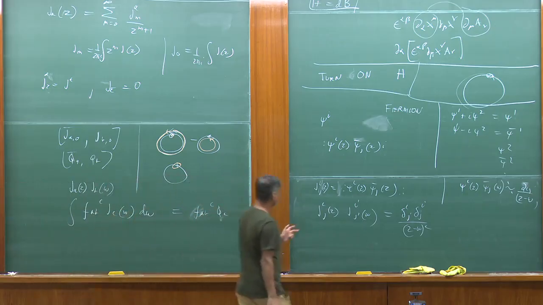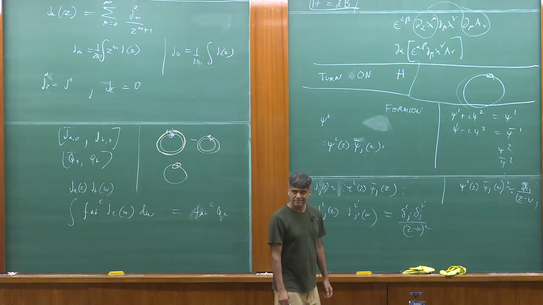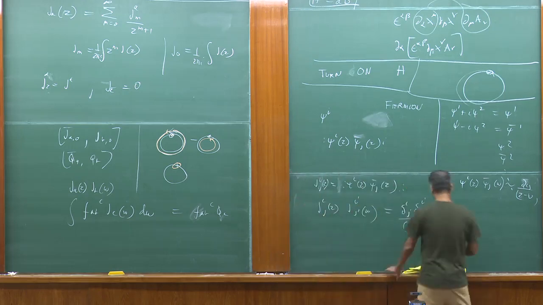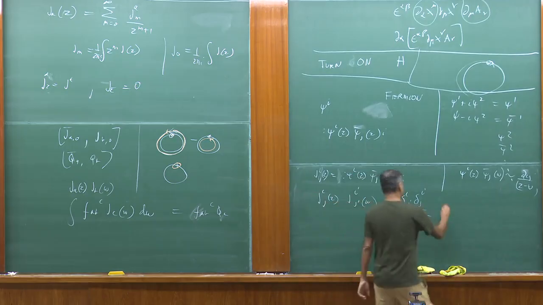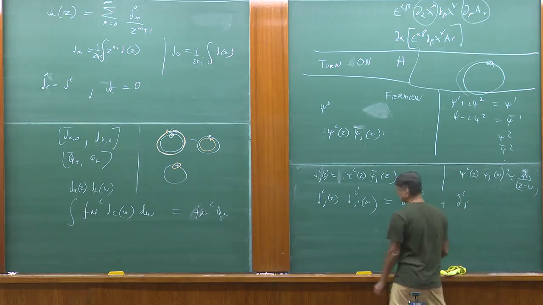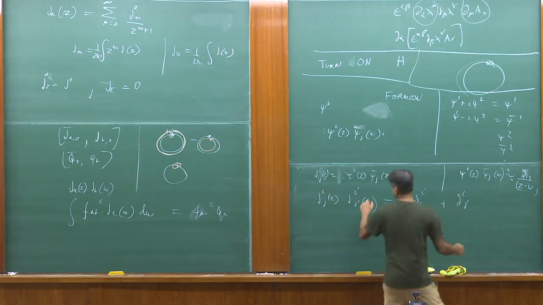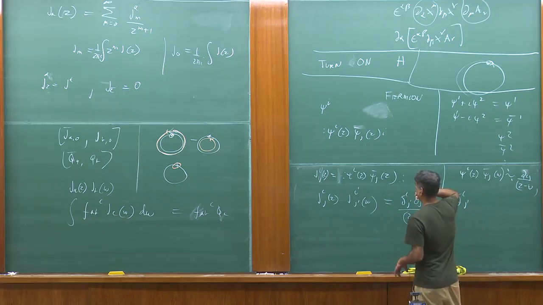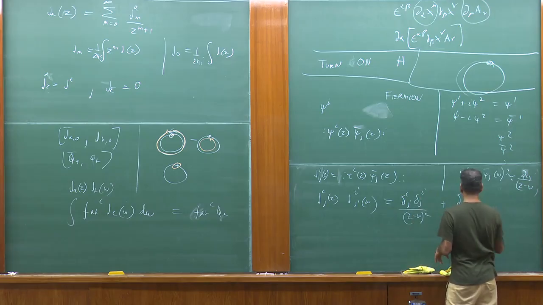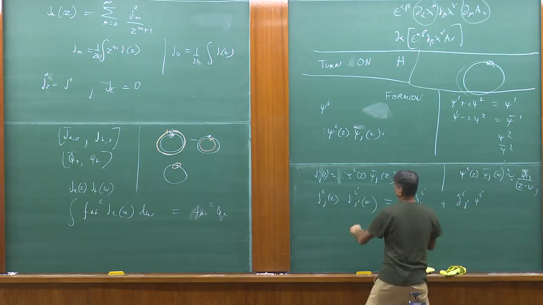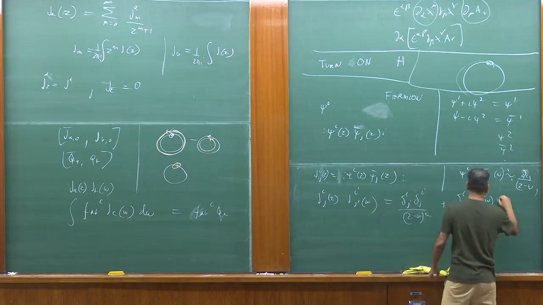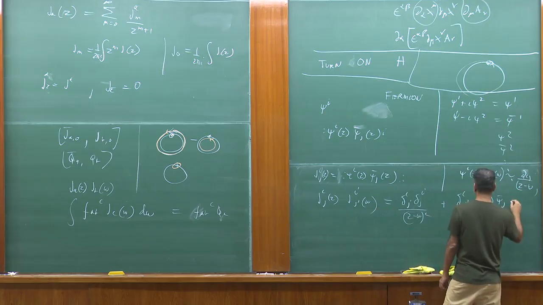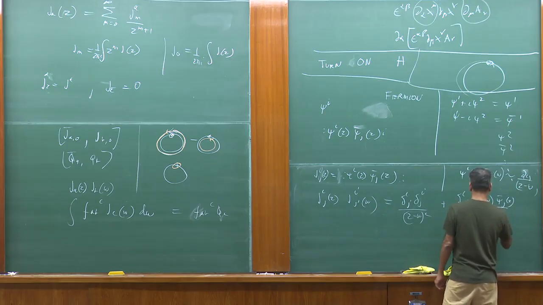Then we do the things where we contract pairwise. So for instance, if we contract this i with this j prime, then we will get plus delta_ij' and then psi I prime of w and psi bar j of z over z minus w.